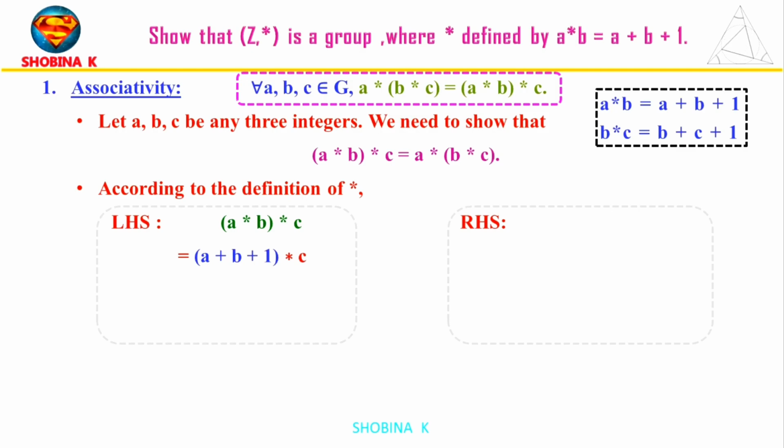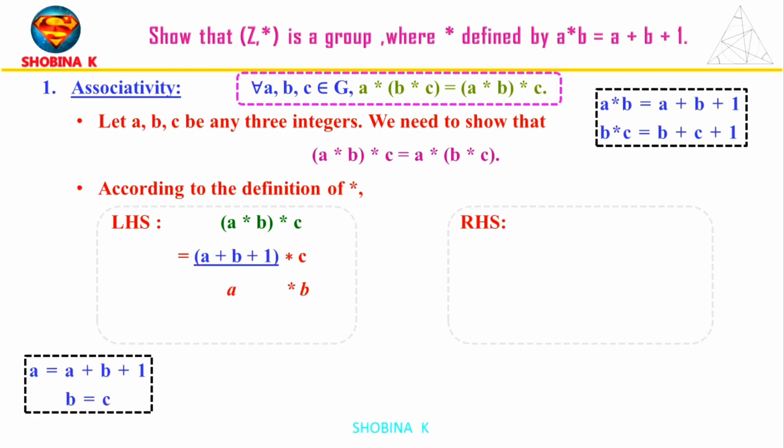Now we have (a + b + 1) * c. Here a + b + 1 plays the role of a and c plays the role of b. Again compute the operation, so we have a + b + 1 + c + 1. Now adding the result, we get a + b + c + 2.